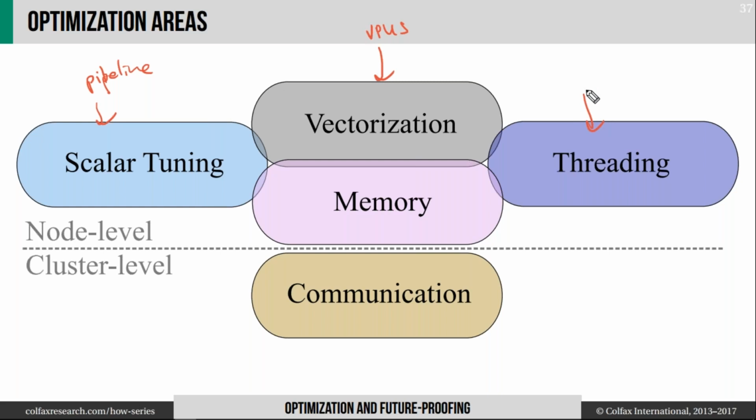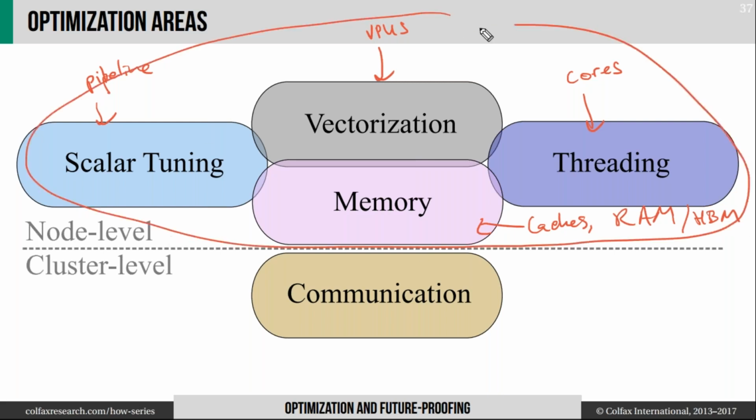Optimization of multithreading recognizes the multiple cores found in modern processors. Memory optimization recognizes caches and going to the high bandwidth memory. And together, these four areas of optimization form node-level optimization methodology, optimizing code on one shared memory processor.